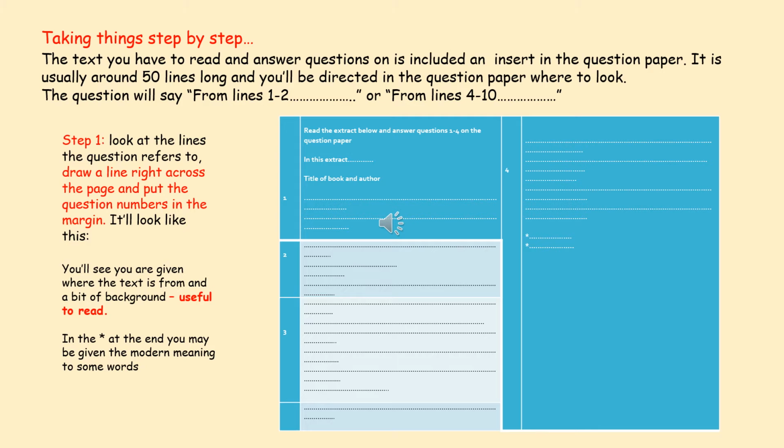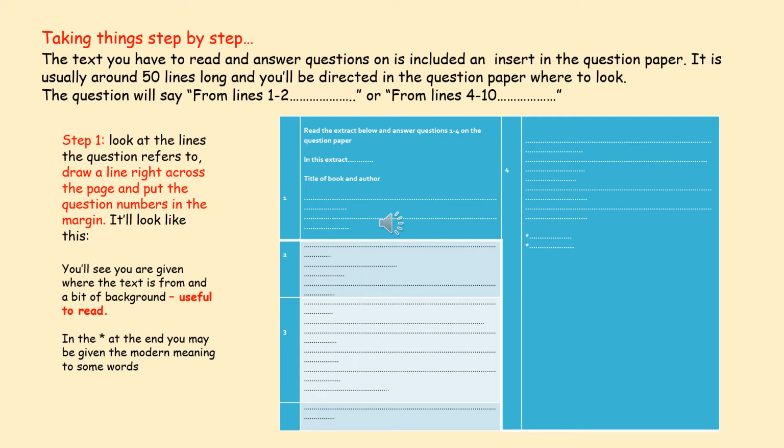So we've just mentioned that questions are based on certain lines within the text, and a good tip for you when you first look at the paper is to look at which questions relate to which lines and rule it off on the extract all the way across, so that you can clearly see that question 1 is about a certain number of lines, question 2 is about a certain number of lines, and so on.